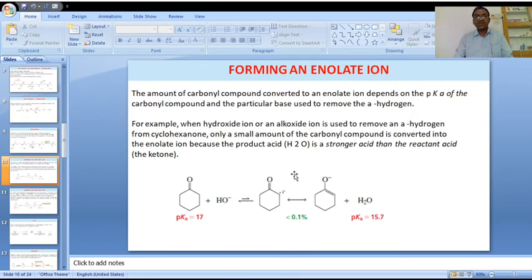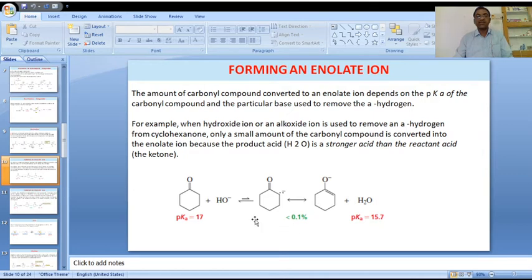That is a very small amount of enolate ion produced in this reaction. It depends on two criteria.